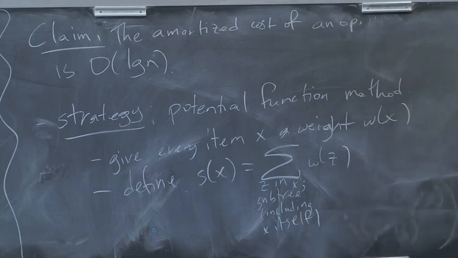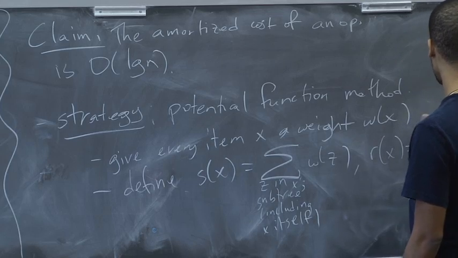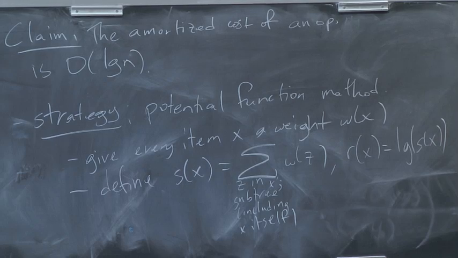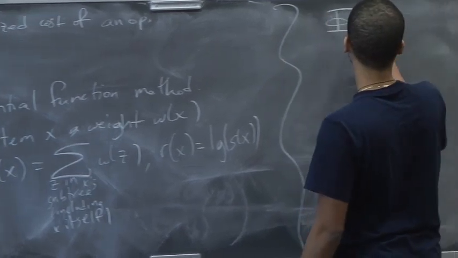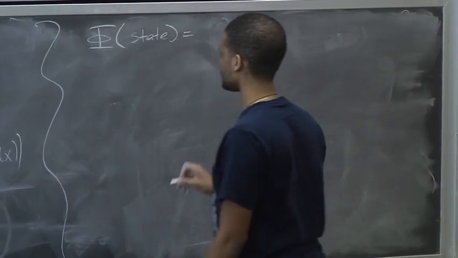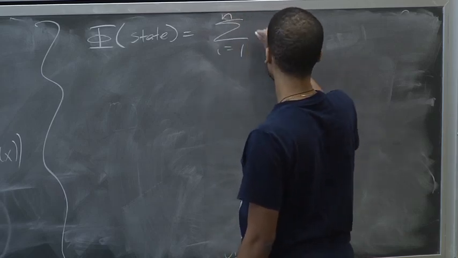So the sum of all the weights in its subtree. And r(x) is going to be log of s(x). Okay. And then now we can define our potential function. The potential at any given state is the sum i from 1 to n of r(i).